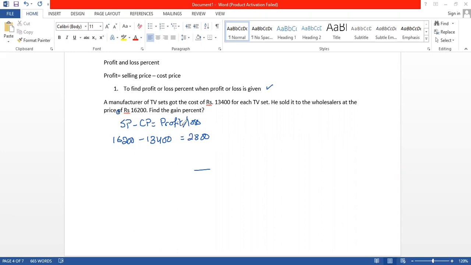Now you need to convert it into a percentage. So how do we convert it into a percentage? Profit percentage is the profit or loss that you have made, again divided by the original. And the original over here means the cost price. So this means 2,800 divided by the cost price, 13,400, and you will multiply it by 100 to convert this into a percentage.